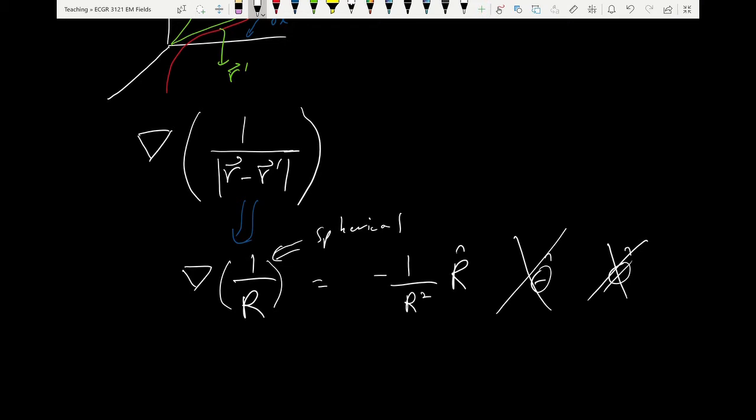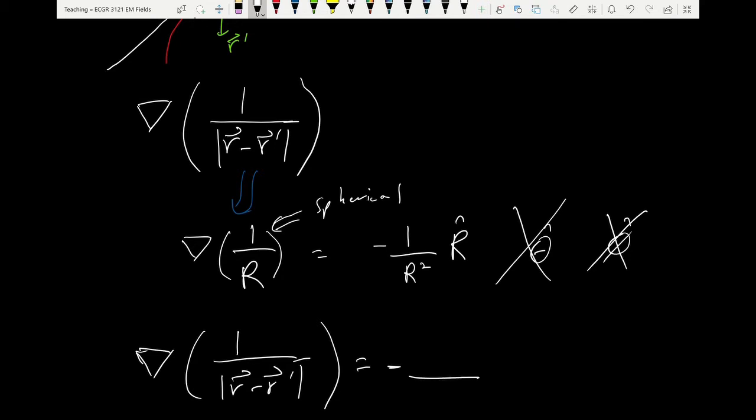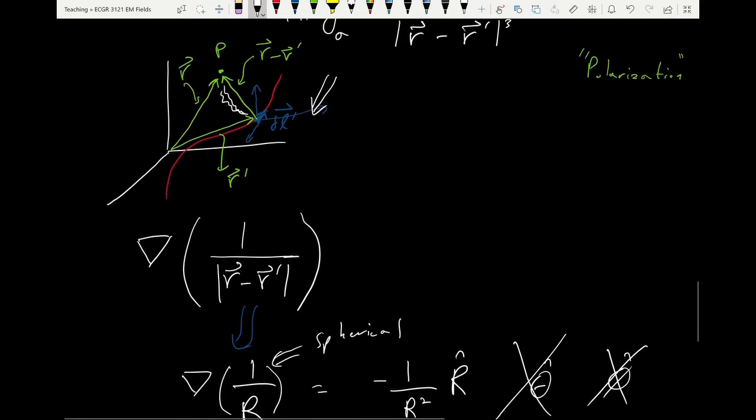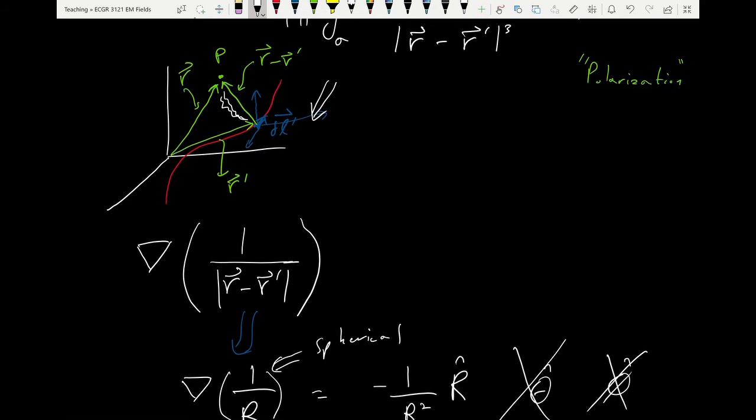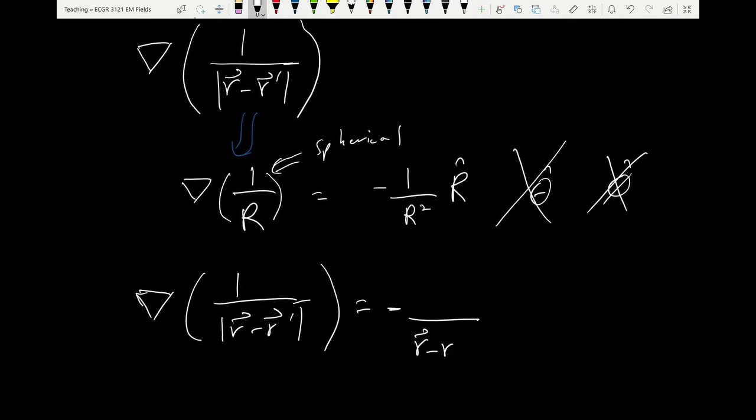So what does that tell me? Let me rewrite this: the gradient of 1 over the magnitude of r minus r prime, this scalar function, equals minus 1 over r squared. Let me write r squared back in the variables of the Biot-Savart law: r squared is the magnitude of r minus r prime, squared.